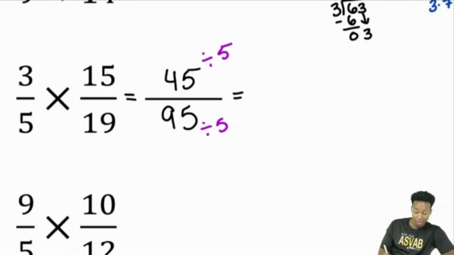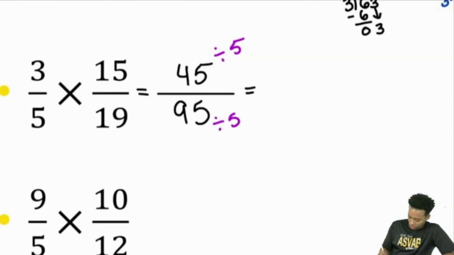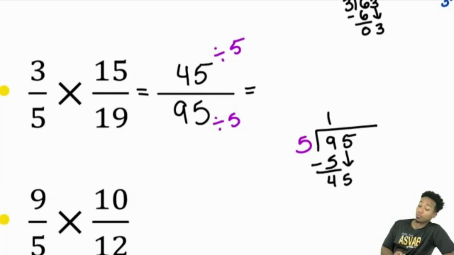I know that was pretty fast, right? 5 times 19, how do you know it's 95? Go to my mental math videos. I say this every class. So with that, 95 divided by 5, what's that going to be? When you're trying to simplify it, everybody look at what happens. 5 goes into 9 one time. 5 goes into 45 9 times.